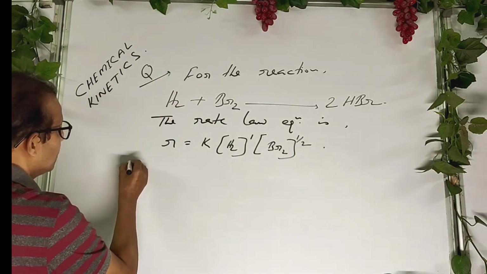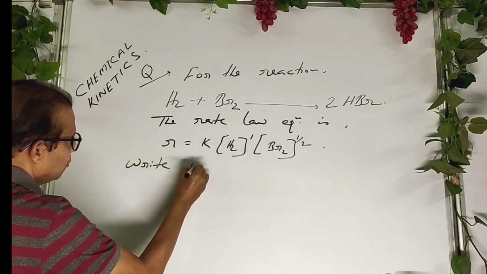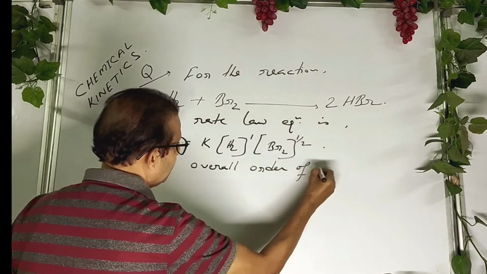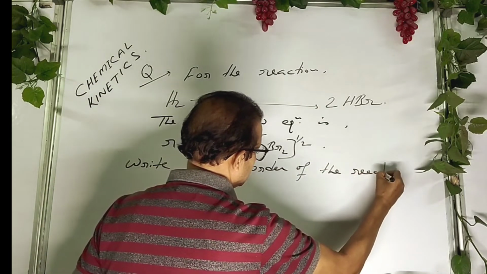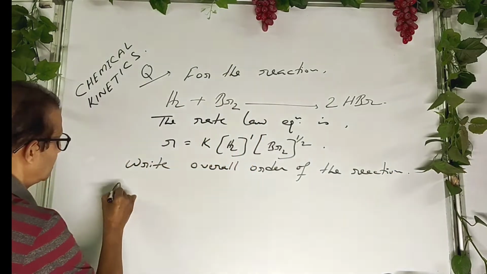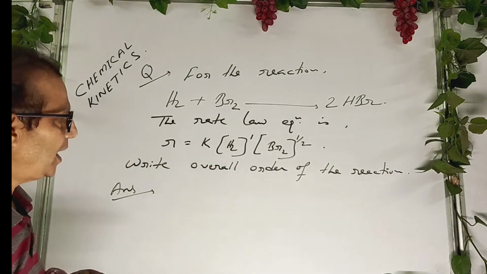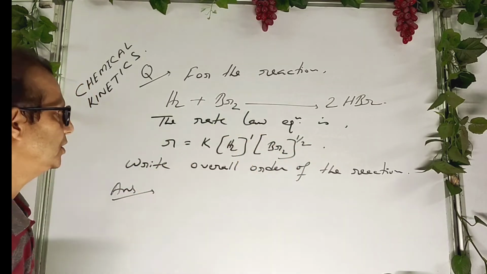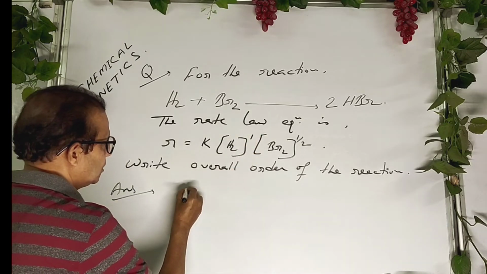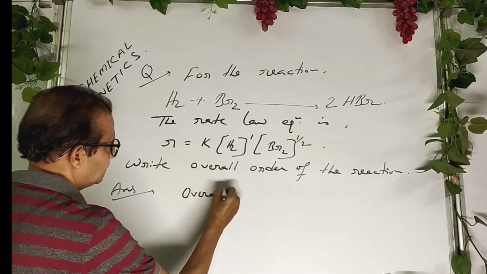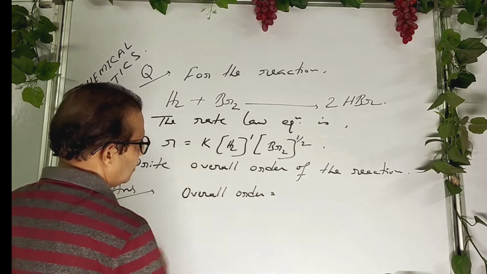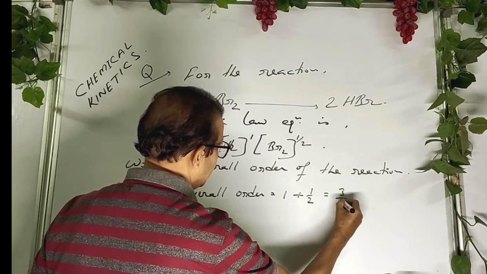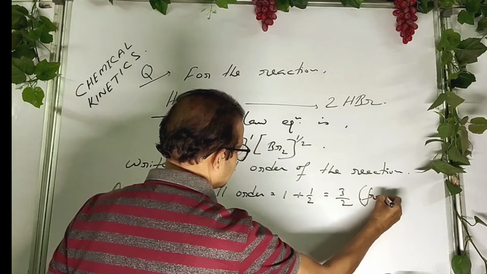So write overall order of the reaction. Answer. How to write it? Just add it. Just add the power of the reactants in the rate law equation. So overall order equals to, just add 1 plus 1 upon 2 equals to 3 by 2. So it is fractional.